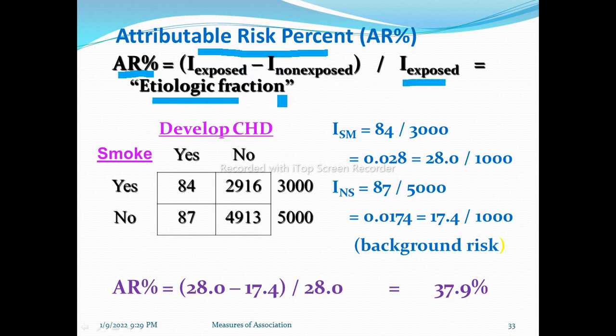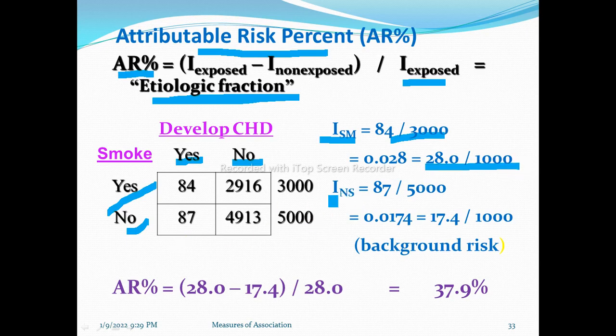This is known as the etiologic fraction. Now this continues from the previous example: diseased, non-diseased, exposed, non-exposed. The incidence in the exposed group is 84 per 3000, so the incidence comes to 28 per 1000.